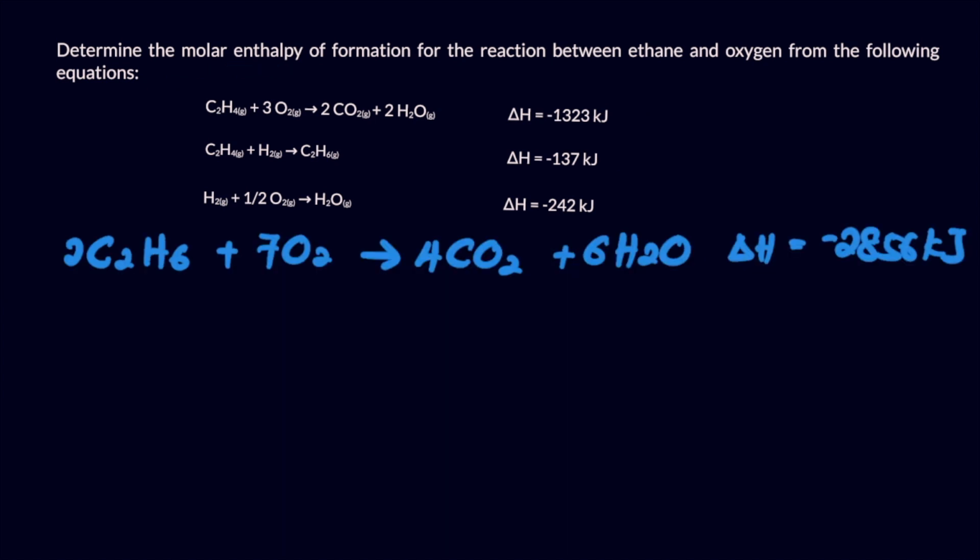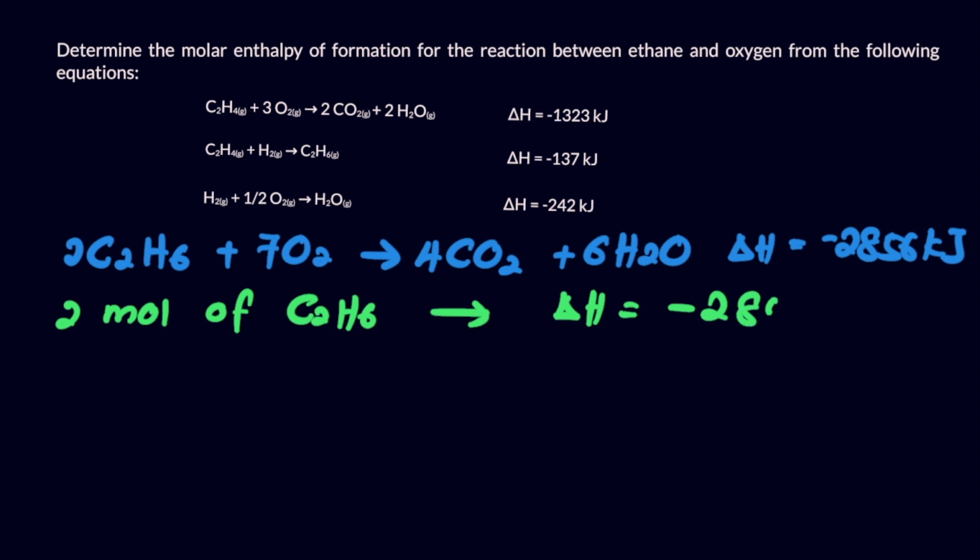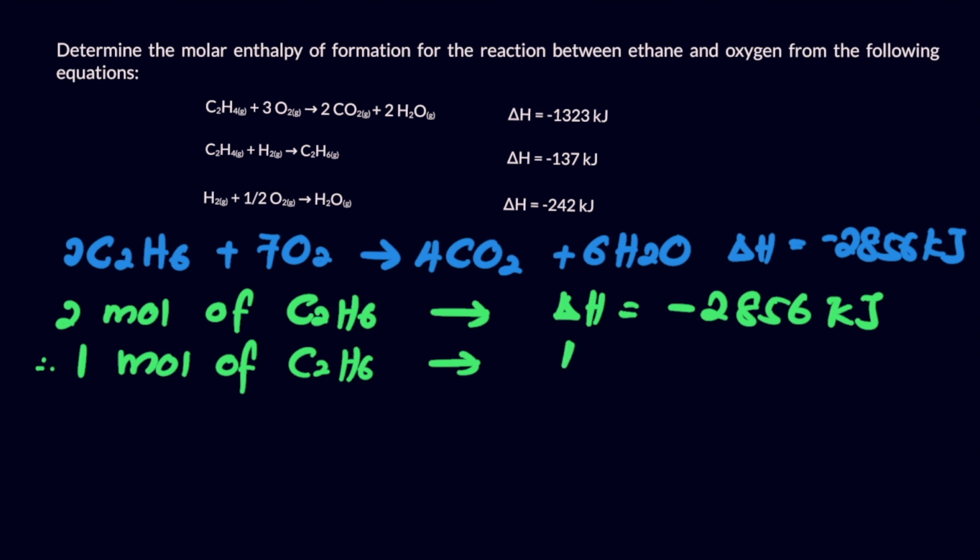Right, so from here we know that 2 mole of ethane will produce delta H is equivalent to negative 2856 kilojoule. Therefore, if you want to get 1 mole of C2H6, your delta H will be negative 2856 kilojoule divided by 2.